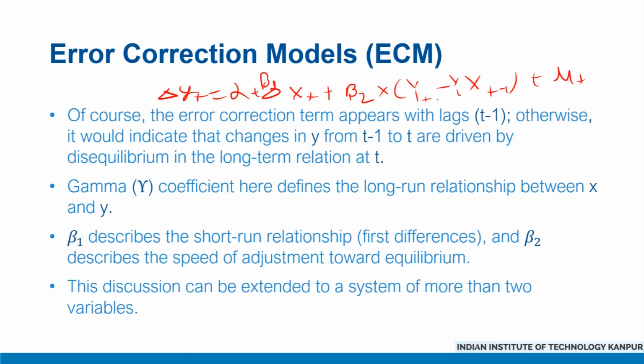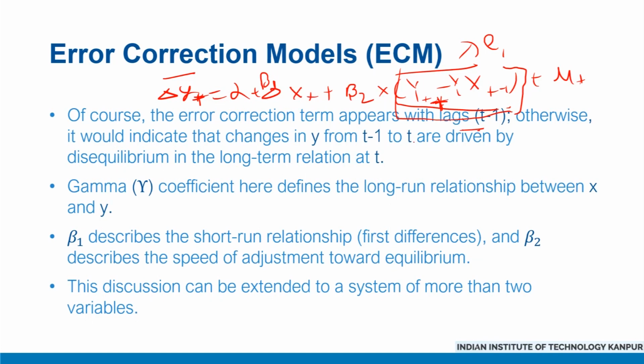First and foremost, in this error correction term et, it appears with the subscript t minus 1 because it indicates deviations from equilibrium in the previous period. So the current changes in delta yt, which come with the subscript t, are affected by the previous deviations from this long-term equilibrium relationship. So there we need a subscript t minus 1.